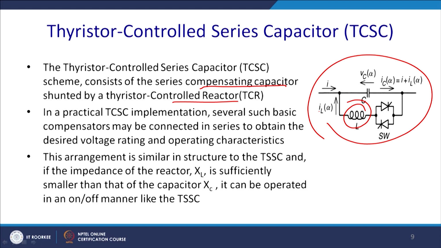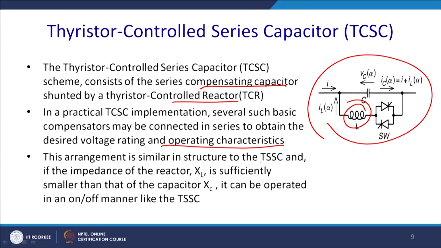In practical TCSC implementation, several such basic compensators may be connected in series to obtain the desired voltage rating and the operating characteristics. So, it can actually be put into modular form in series.